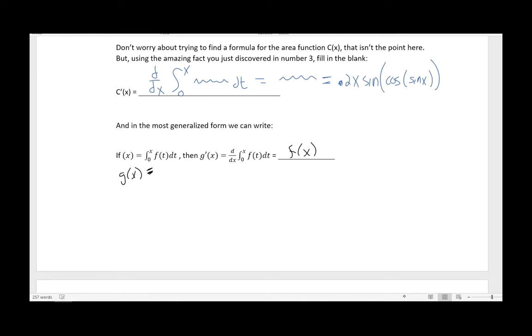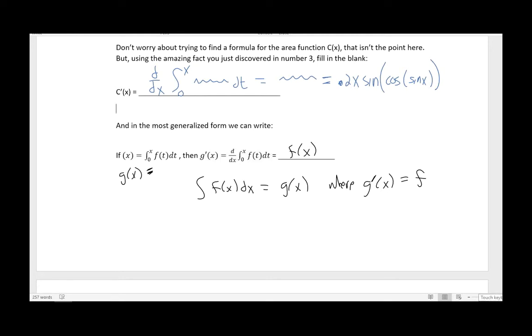So here's what this is really saying to me. This says that when I evaluate an integral, we're going to get some function that we call g of x. And we know that the derivative of that function is the original integrand. It's just what we said. The derivative of that function is the original integrand.